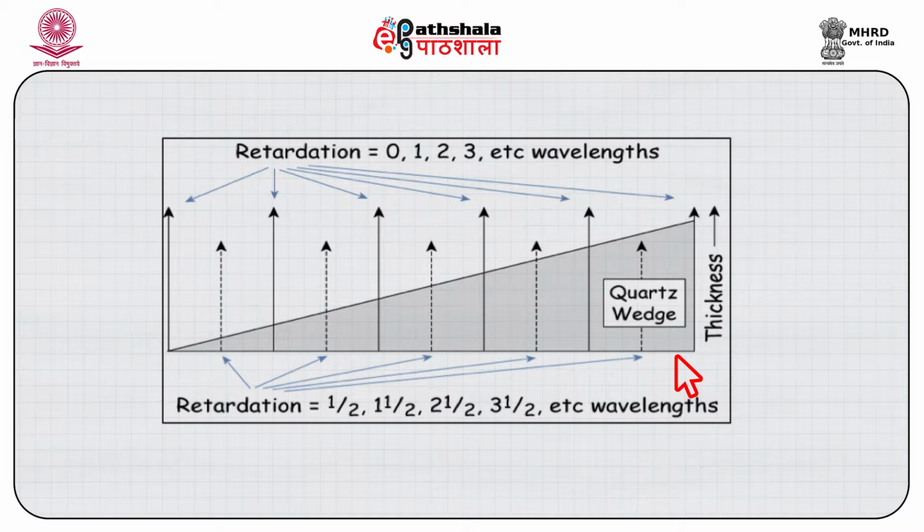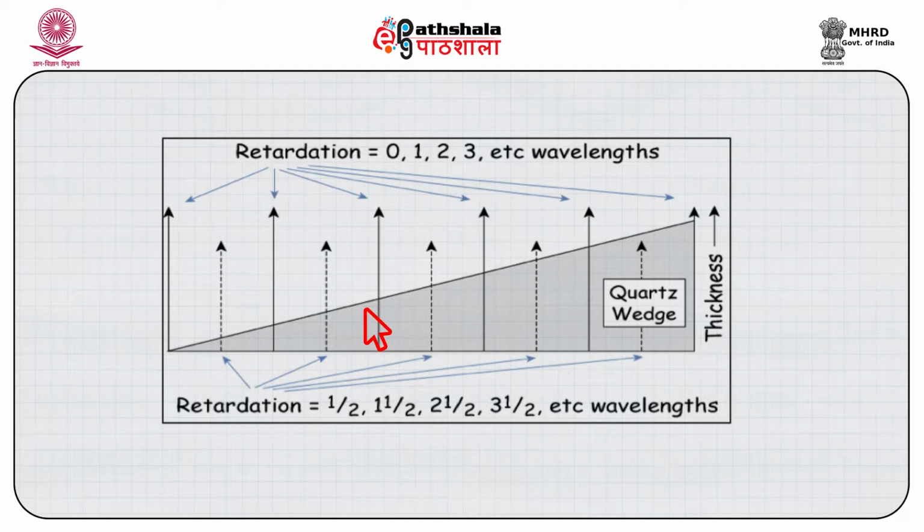When placed between cross polarizers, the area along the wedge where retardation is a function of n lambda, that is 1 lambda, 2 lambda, 3 lambda, 4 lambda and 5 lambda, we will have areas which are dark, and areas where waves have a retardation other than 1 lambda, 2 lambda or 3 lambda, we will have the brightest illuminations.